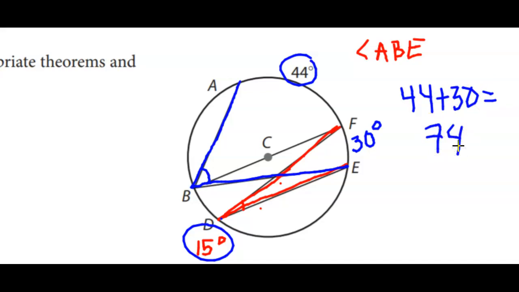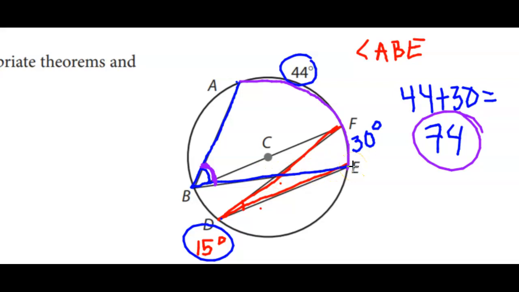Okay, and so now I know this whole side right here. I know that it's 74. I need to find the angle interior right here, and he connects right there to right there, right?